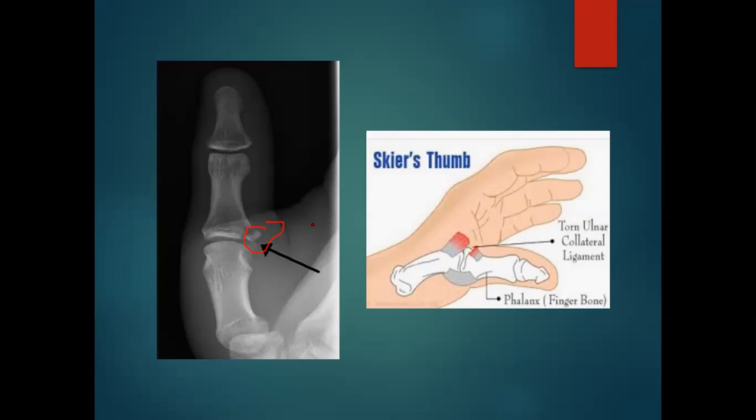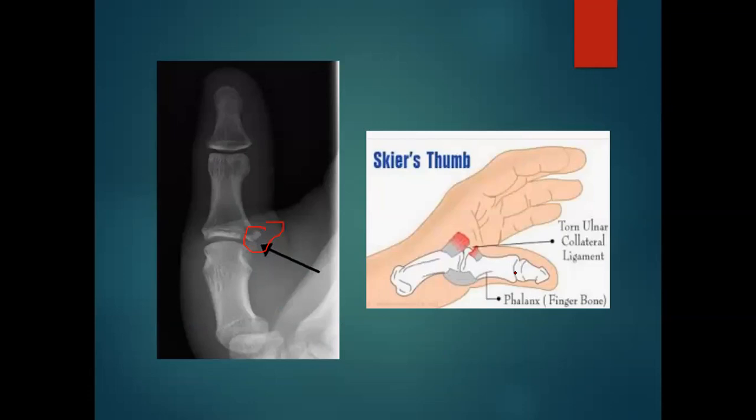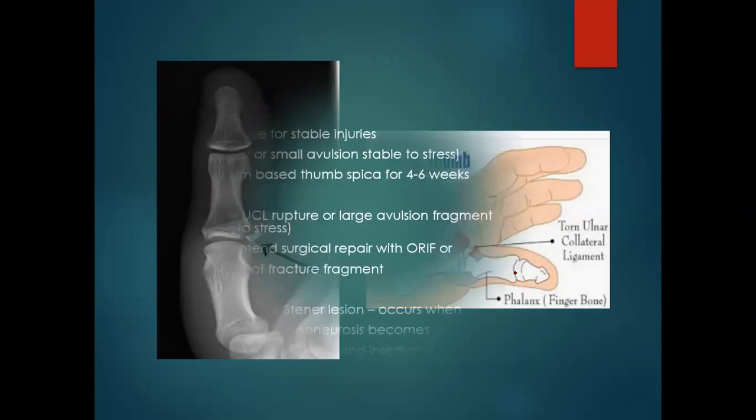If you were in the anatomical position, you would be pressing that thumb proximally, or in this position, what would they call that? Cephalically, toward your head, right? Or up proximally. Anyway, you're abducting aggressively with force, and that can cause an avulsion fracture, or a torn ulnar collateral ligament.